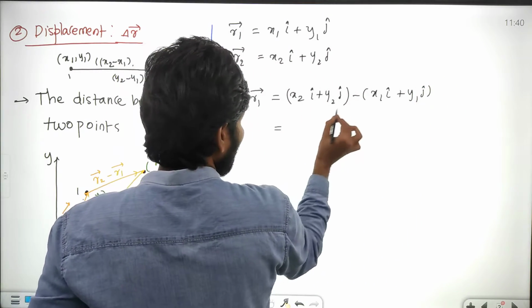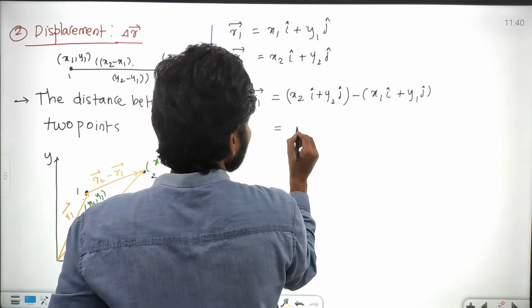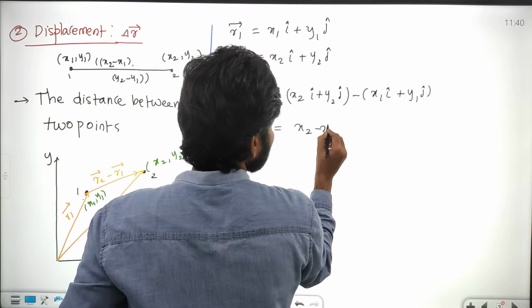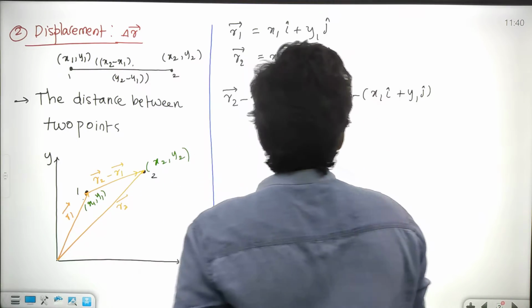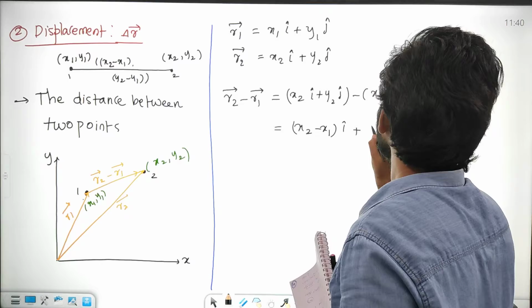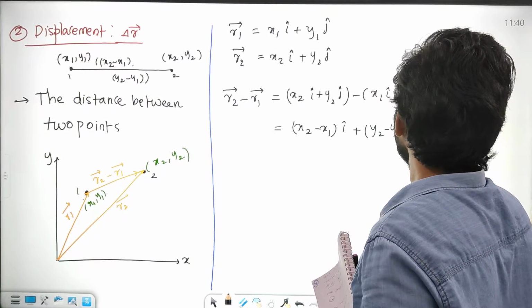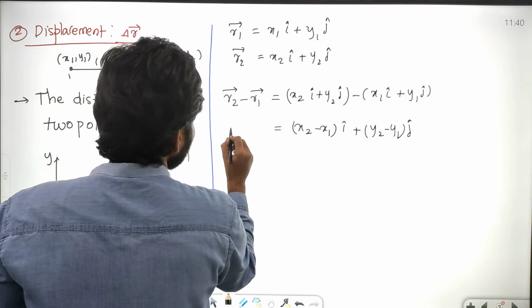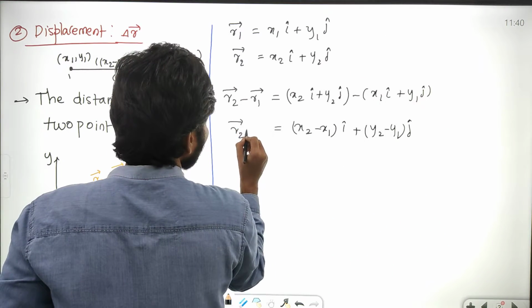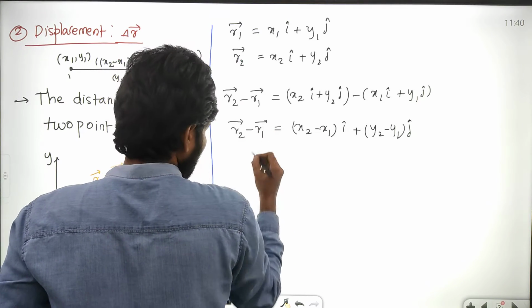We have to bring all the x terms together, so the x components are x2 minus x1 i cap, plus y2 minus y1 j cap, right? Now, this is r2 minus r1.